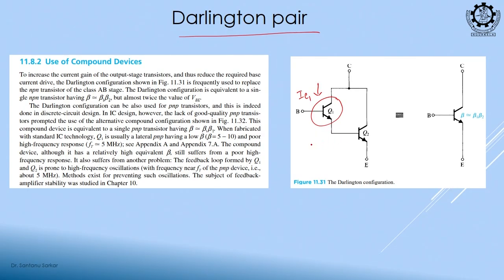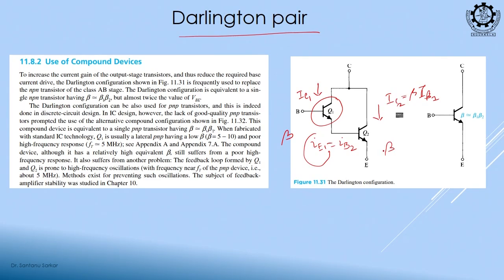So, you see now this I1 is equal to IB2, and you know its IC will be beta times IB. So, this is already beta times IB, this IC or IE. So, you are getting one beta multiplication here, you are getting another beta multiplication here.